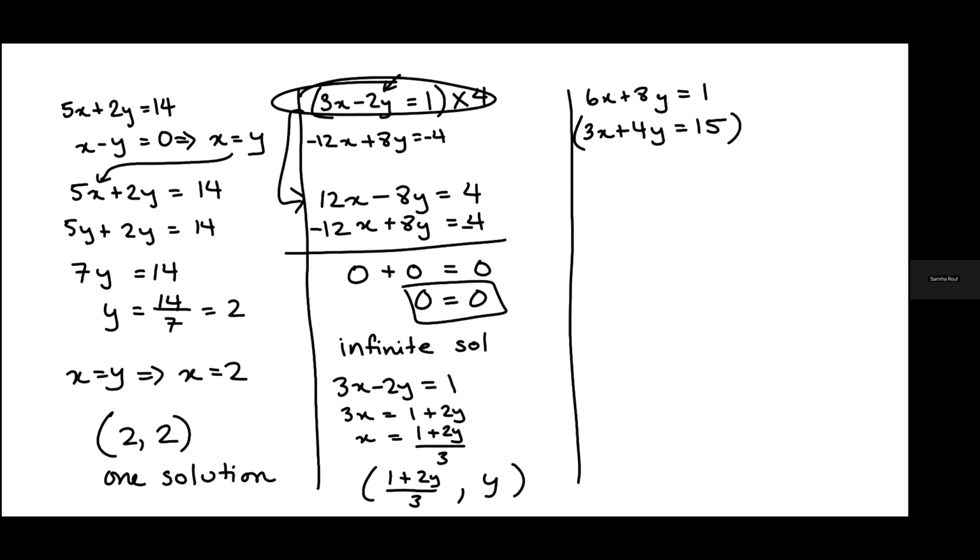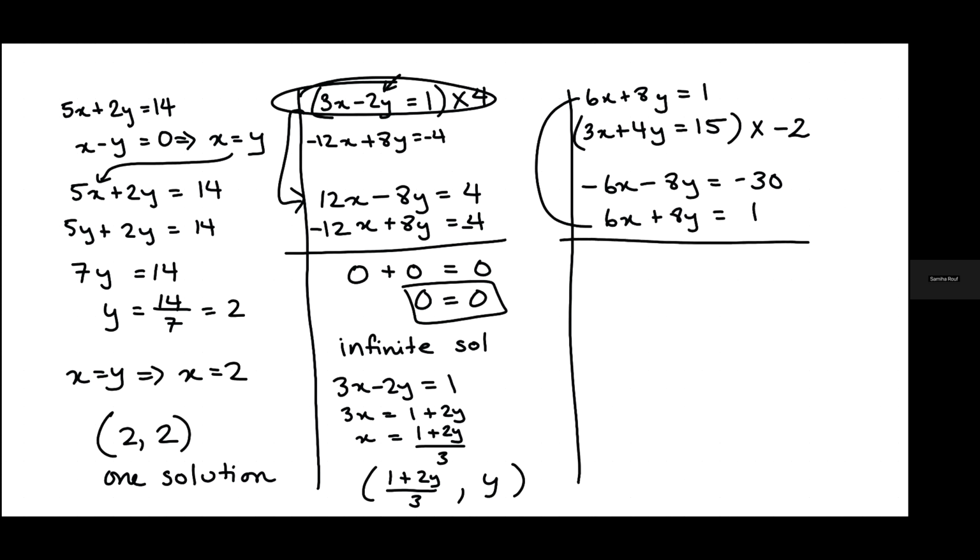So I'm going to multiply by negative 2. So my second equation becomes negative 6x minus 8y equals negative 30. I'm going to put this equation below it: 6x plus 8y equals 1.